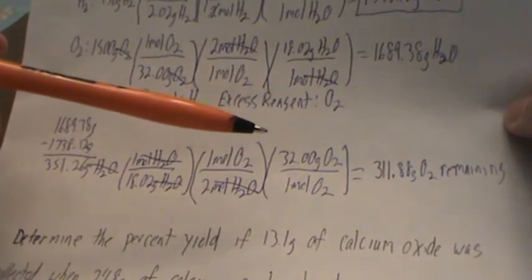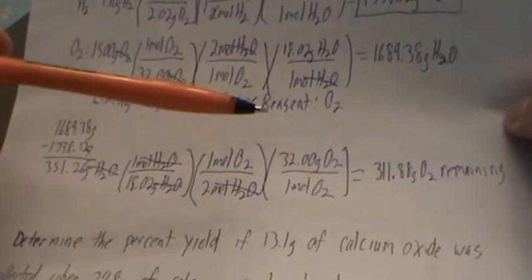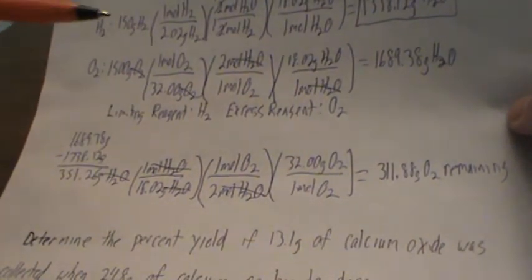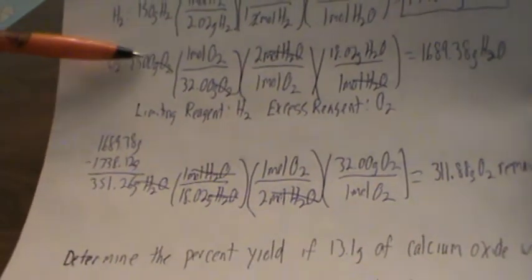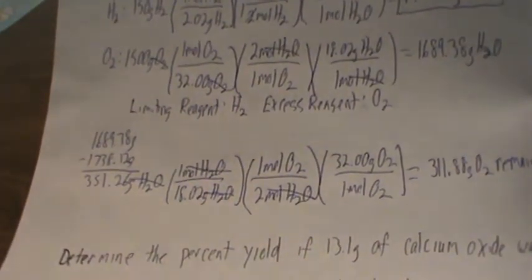And if you run this reaction 5 days a week, 52 weeks in a year, cost starts to increase drastically. So the company would tell you to cut back on the oxygen so that you're using up both the hydrogen and the oxygen and nothing is left over. That's why we would need to figure out how much of the excess remains.